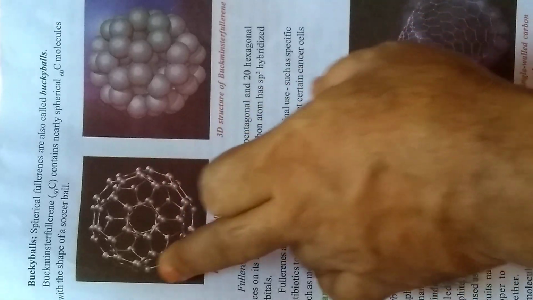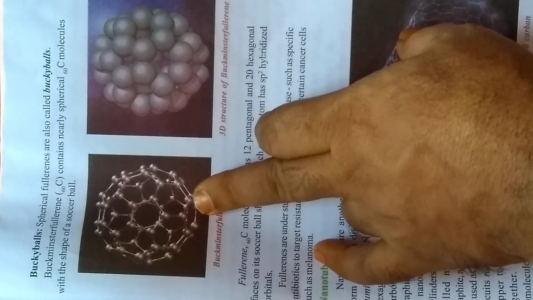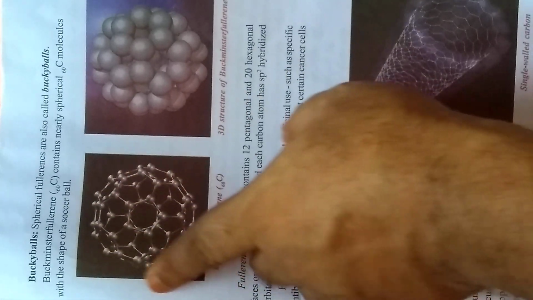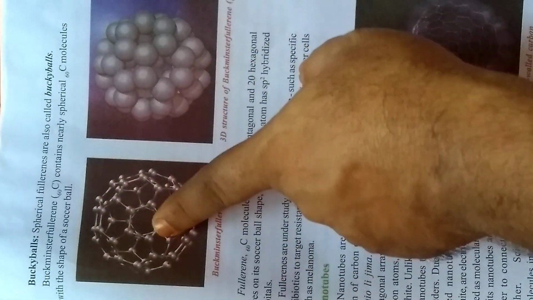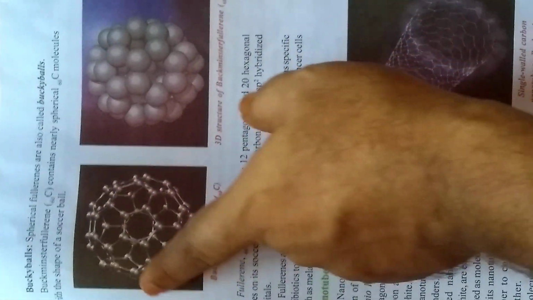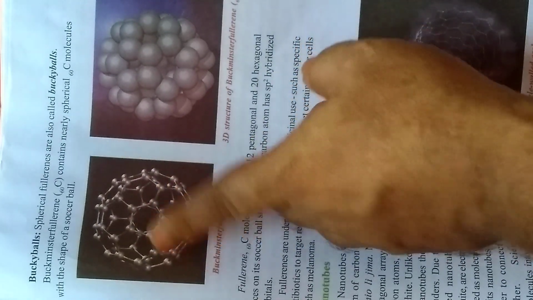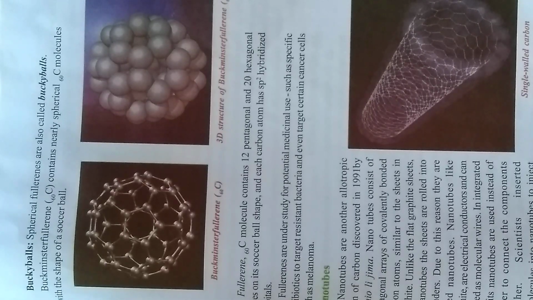If you observe this, there are totally 12 pentagons. On one side, there are 6 pentagons and 10 hexagons, and on another side there are 6 pentagons and 10 hexagons. Totally 20 hexagons and 12 pentagons.